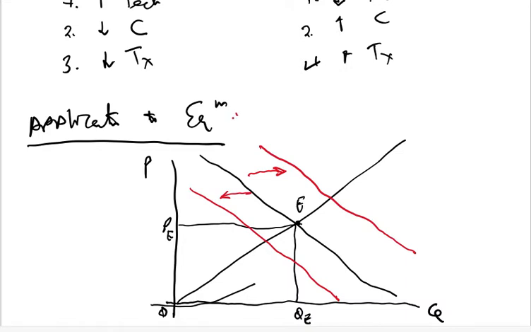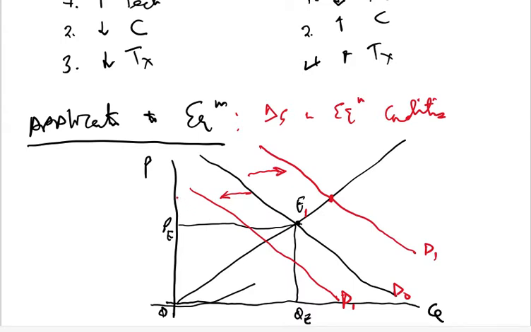So maybe for us to understand, let's say we're also talking about changes in equilibrium conditions. Okay. So you see that the equilibrium was here, but if there is a rightward shift in demand curve, we know that the equilibrium condition will increase.